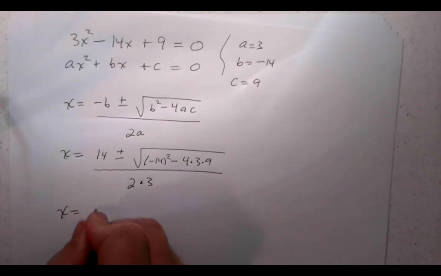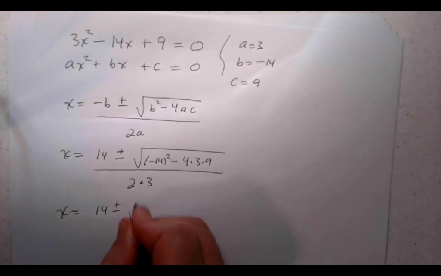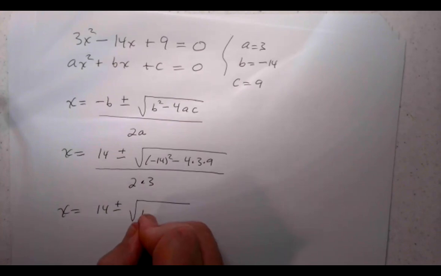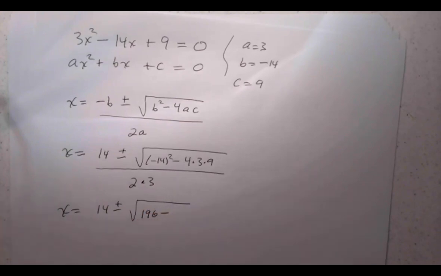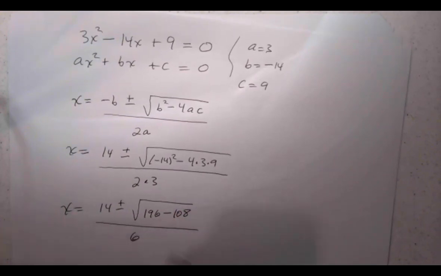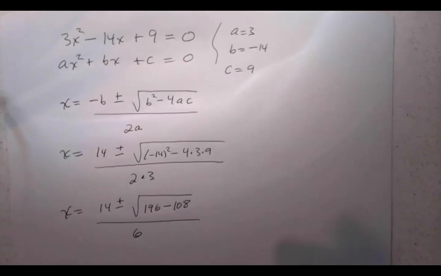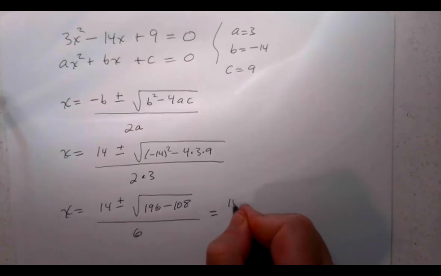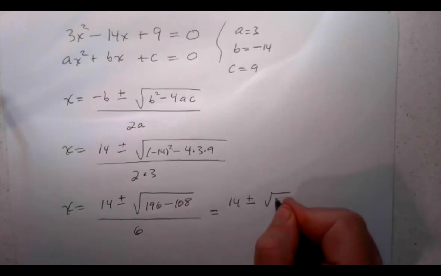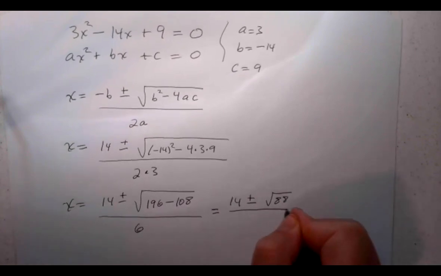So we get x is 14 plus or minus the square root of negative 14 times negative 14 is 196, minus 4 times 3 times 9 is 108, all over 6. So from there, what do we get? We get 14 plus or minus the square root of 196 minus 108, which is 88, over 6.